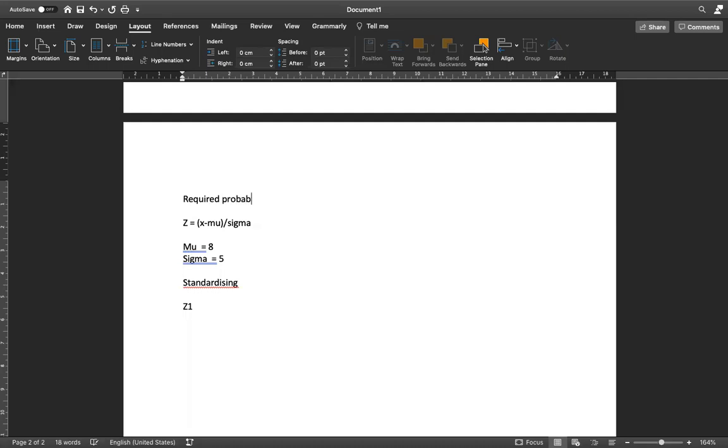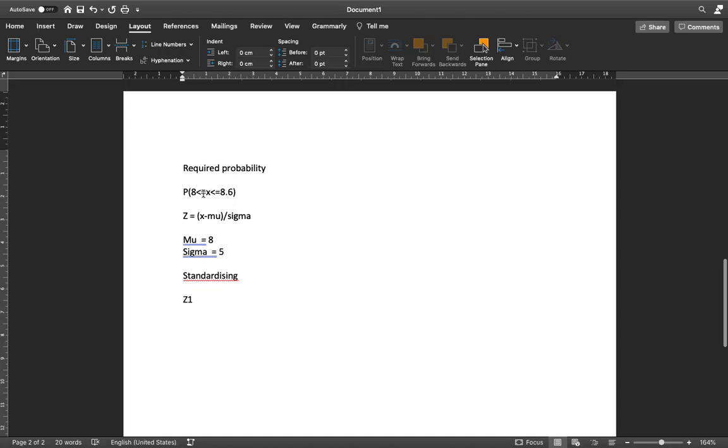We are supposed to find the probability that 8 is less than or equal to X less than or equal to 8.6. So we first have to standardize the part where we have 8, and then standardize the part where we have 8.6.